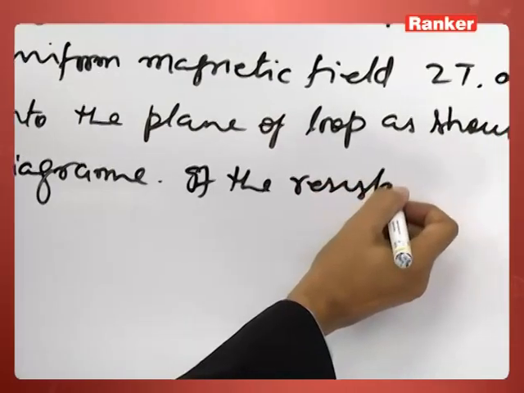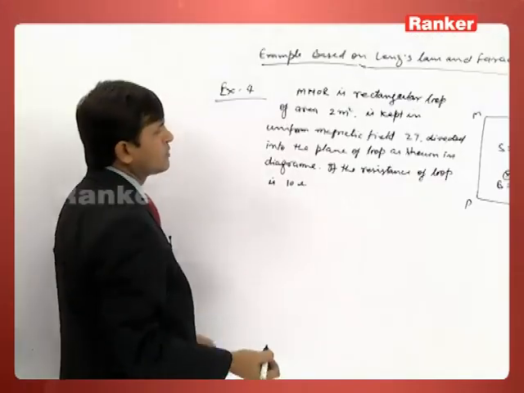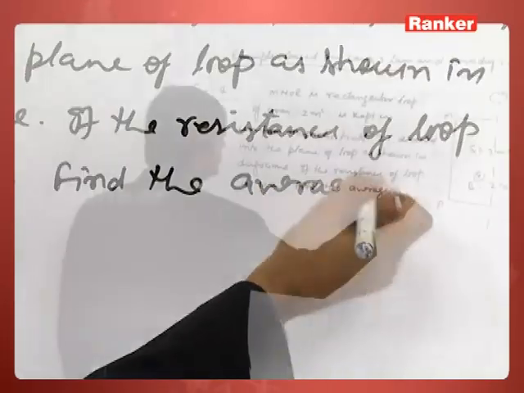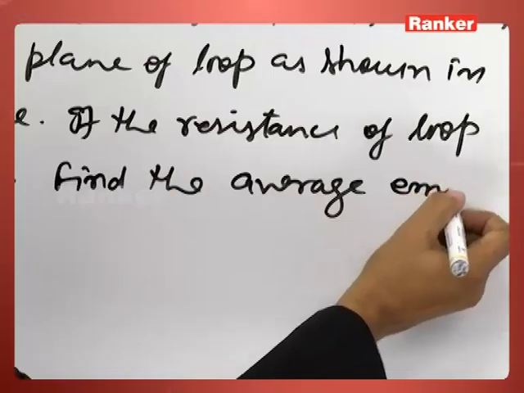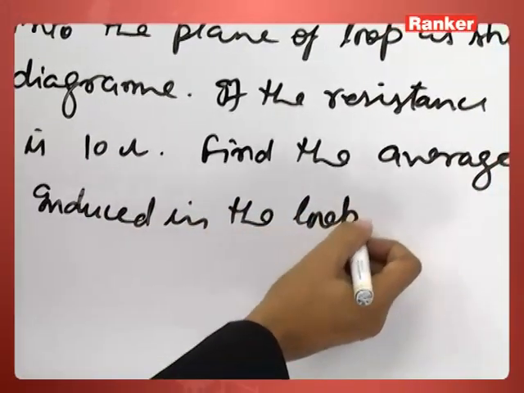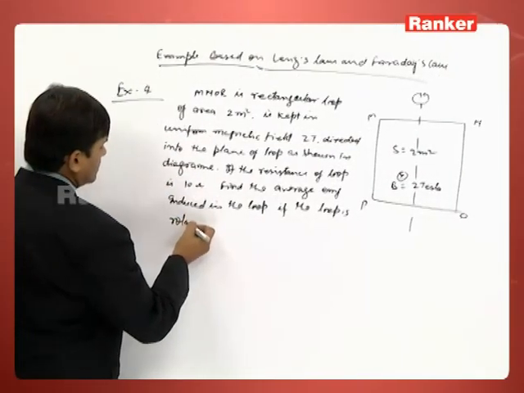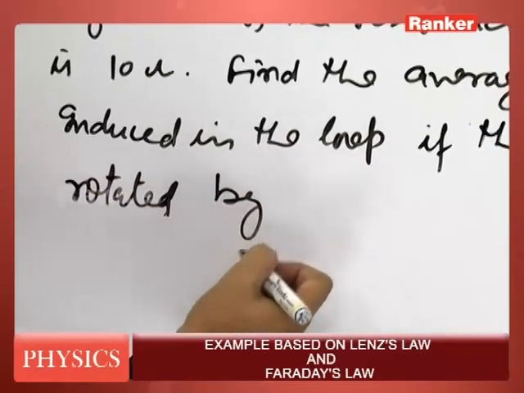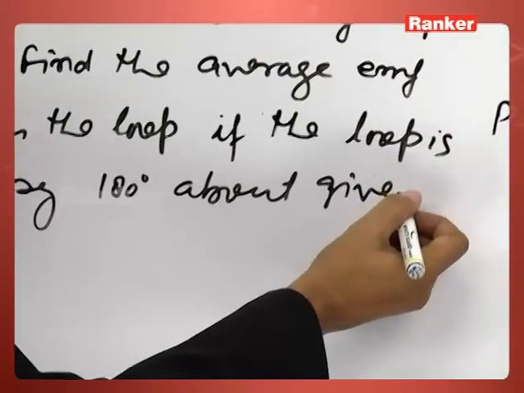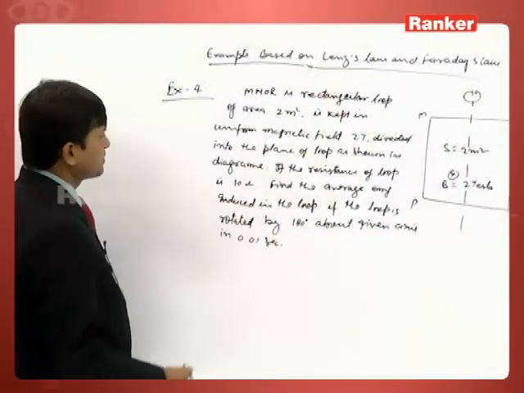If the resistance of the loop is 10 ohm, find the average flux or average EMF induced in the loop if the loop is rotated by 180 degrees about the given axis in 0.01 second. This is the question here.